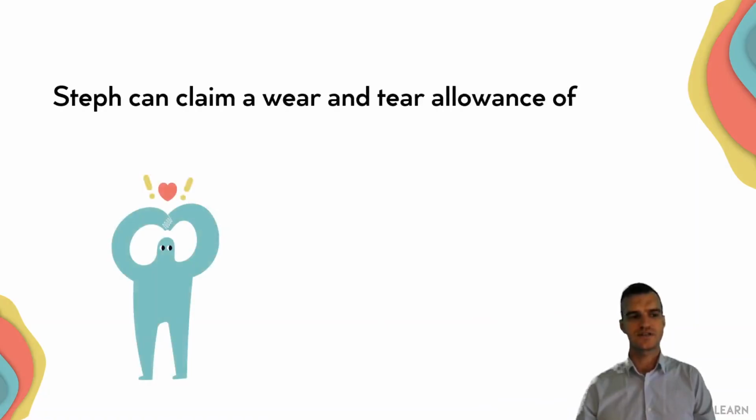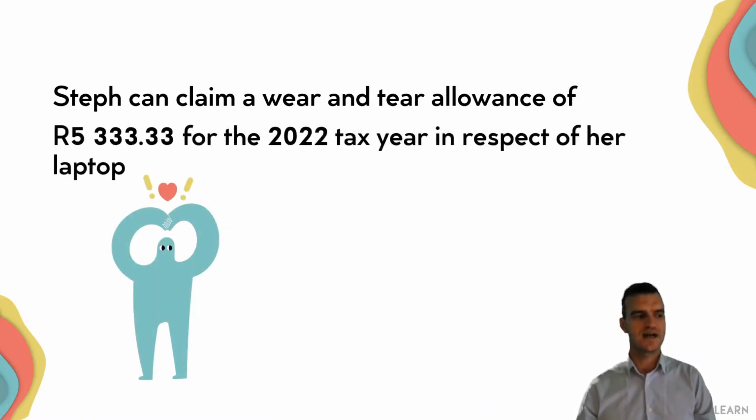And the result is that Steph can claim a wear and tear allowance of 5,333 Rand for the 2022 tax year in respect of her laptop. And she will be able to do that for the next 2 years after that as well, until the laptop has been written off. So that gives you a basic example on how a wear and tear allowance works.